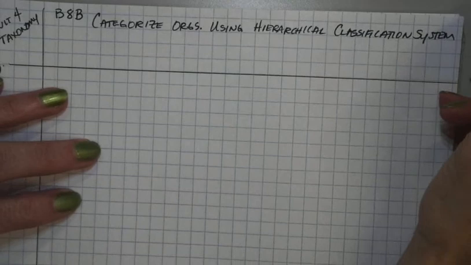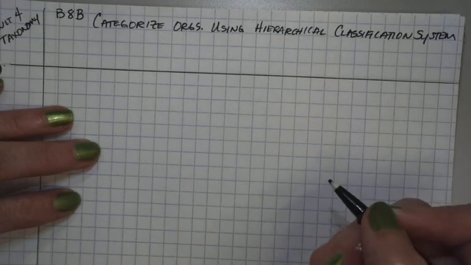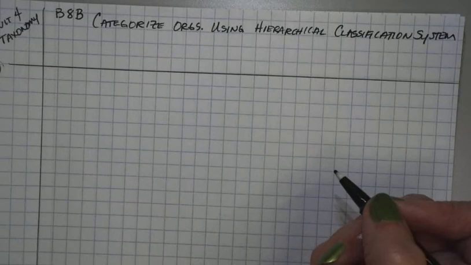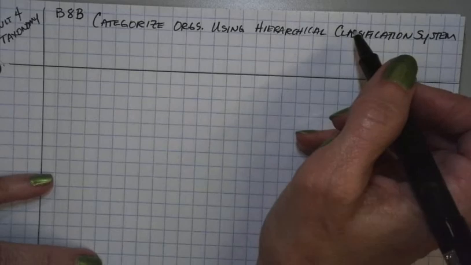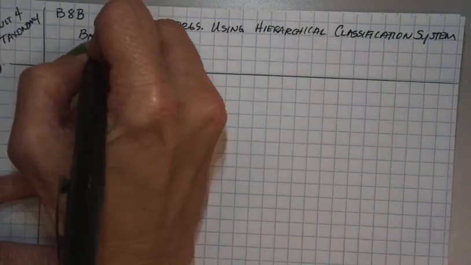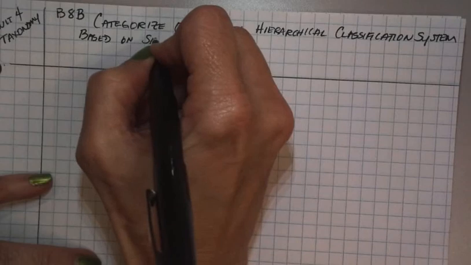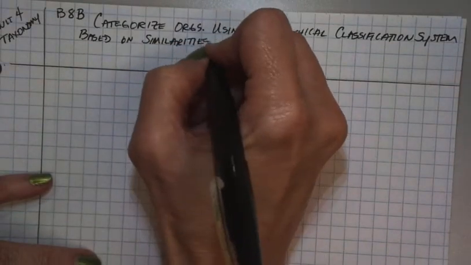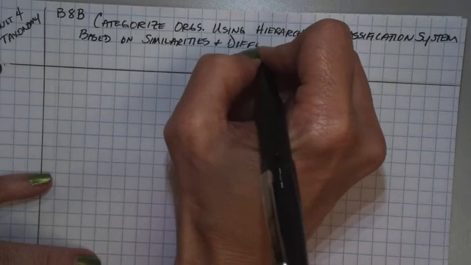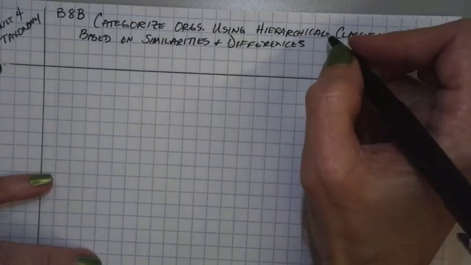Kind of like when you talk about schools, when you talk about grades, you have first grade, second grade, third grade, and the material gets more and more intense as you go, so it's a hierarchy. So we're using a hierarchical classification system based on similarities and differences. How are they alike? How are they not alike? That are shared among organisms.